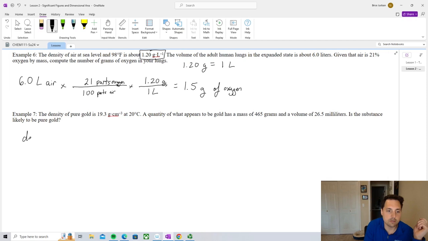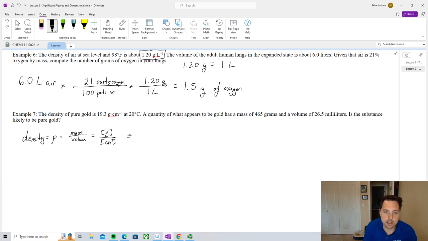So density, which is often abbreviated with the Greek letter rho, is equal to the mass divided by the volume. And the mass is typically in grams, and I can write the units like this: grams divided by the volume, and for solids, the volume is typically given in cubic centimeters.